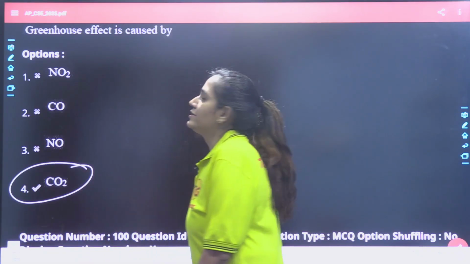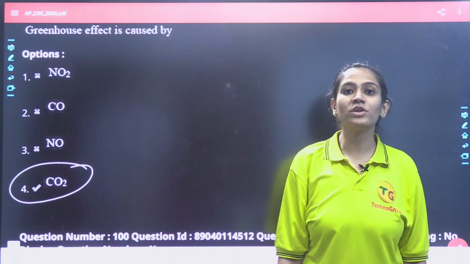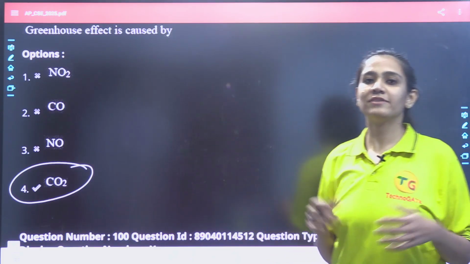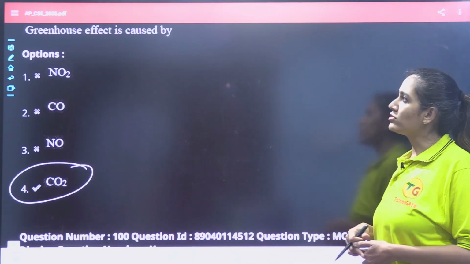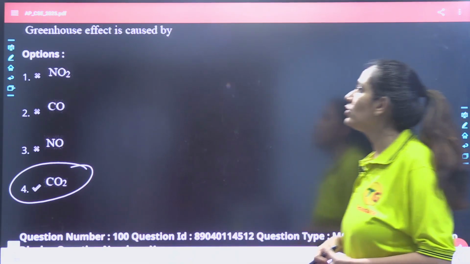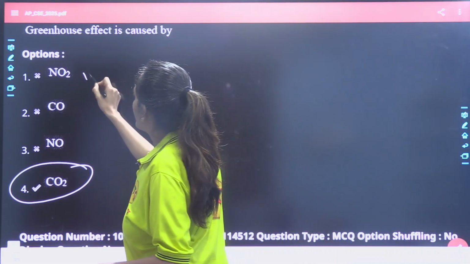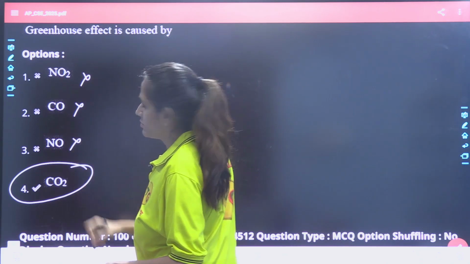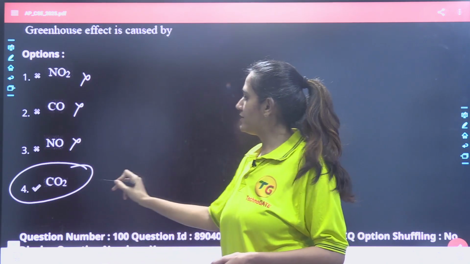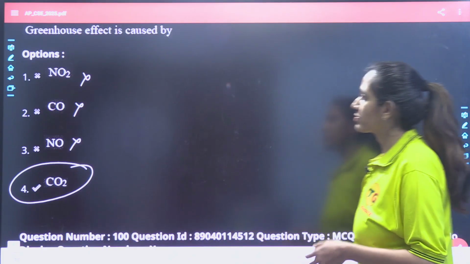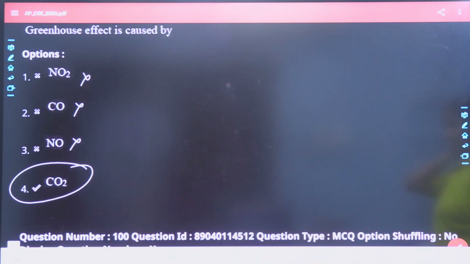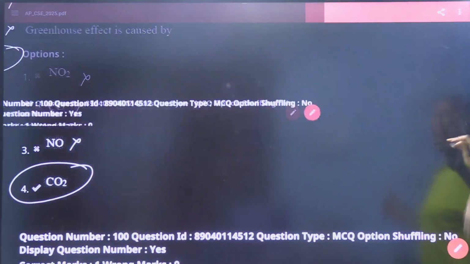Carbon dioxide is the main gas responsible for the greenhouse effect. CO2 is increasing in the atmosphere and causing the greenhouse effect. Not carbon monoxide, not nitrogen monoxide. The correct option would be CO2.